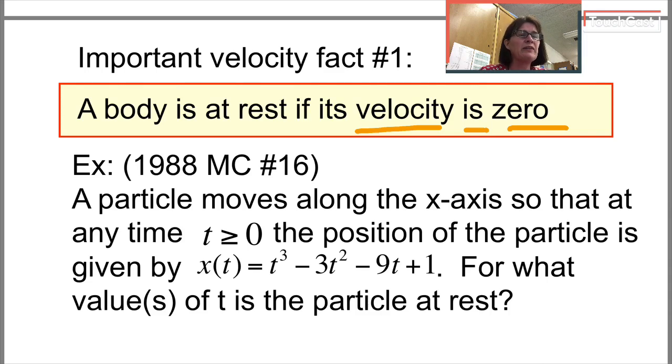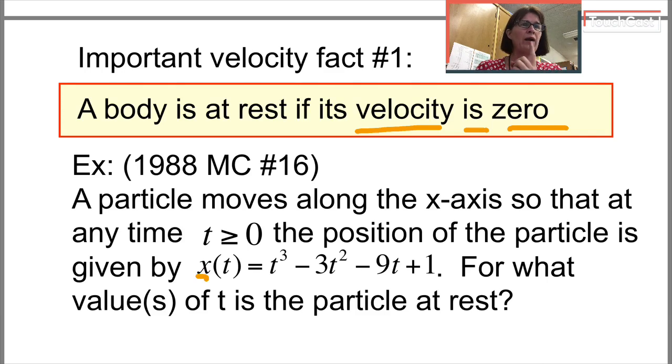We have a particle moving along the x-axis. So let's talk about this. The x-axis is horizontal, which means that I can describe something's position on the x-axis just by giving the x-coordinate, because the y-coordinate everywhere is 0. So that's why here I'm using this notation x of t.